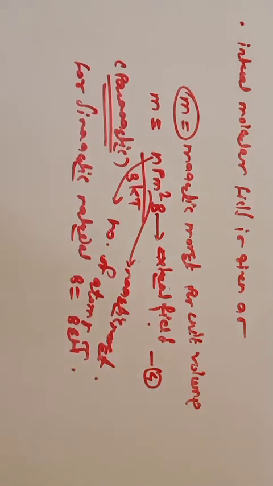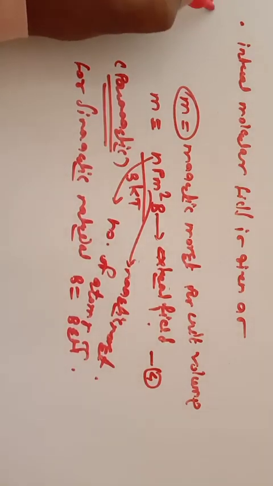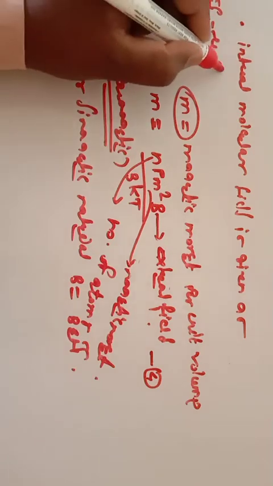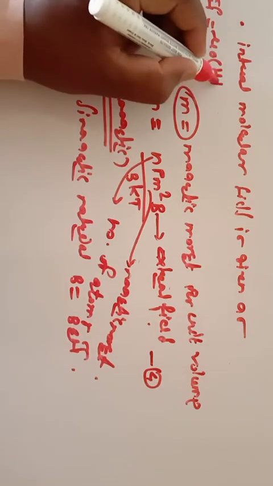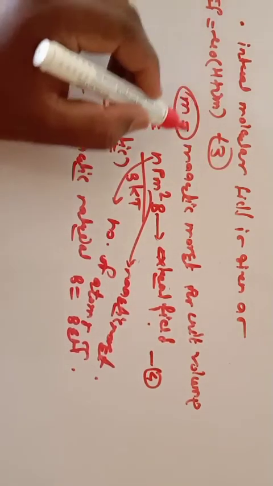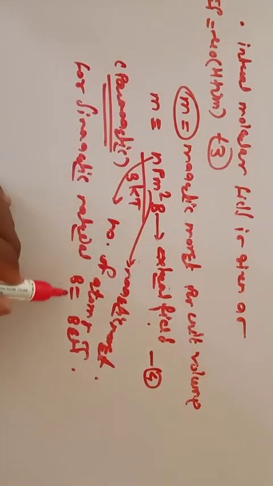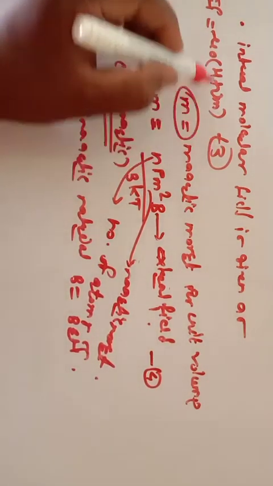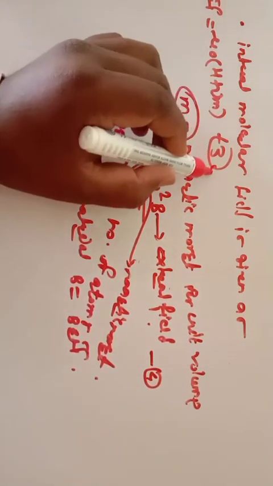So let us substitute B effective, which is equal to mu 0 in bracket H plus gamma M. This is your equation 3. For diamagnetic material, B is equal to B effective, therefore this value is substituted into this equation.